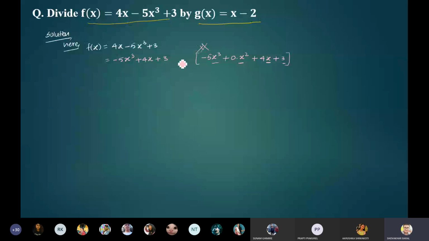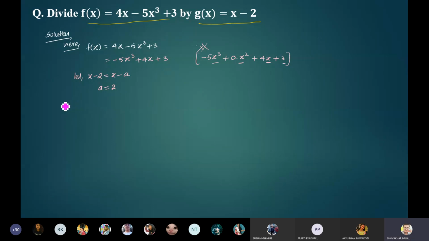Now let's compare this g(x) with x minus a. So x minus 2 equals x minus a, which means a equals 2. Now let's use synthetic division.